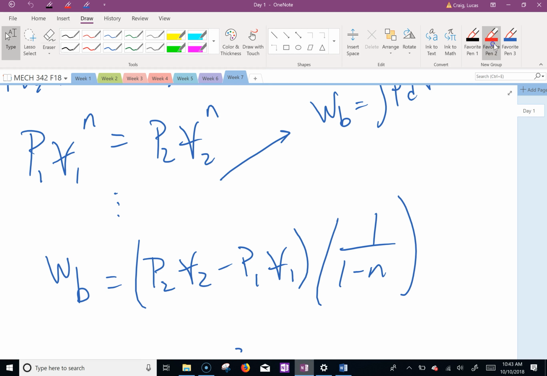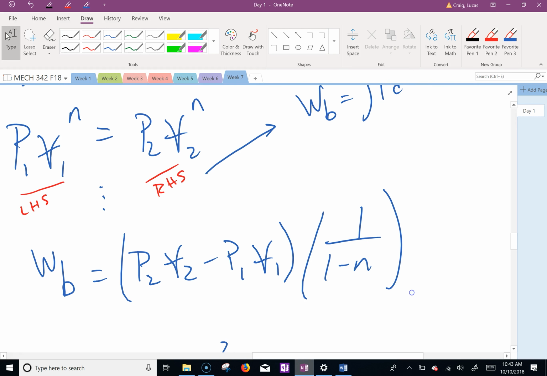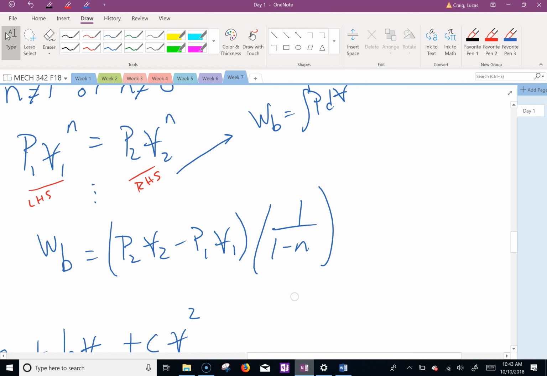Someone asked if they could just solve the function without doing that. If you plotted left-hand side and right-hand side versus N, you would get a point where they intersect, and that would be your N value. That's the way I would do all these problems.